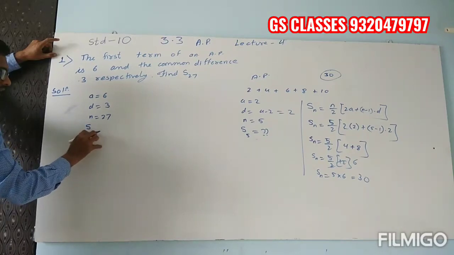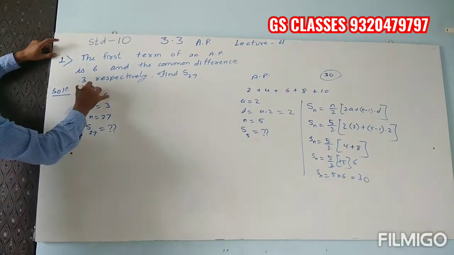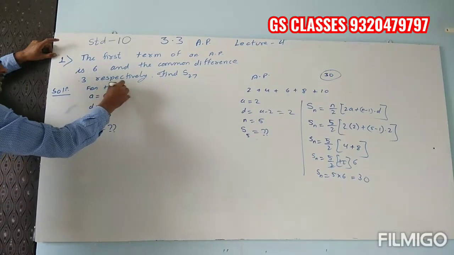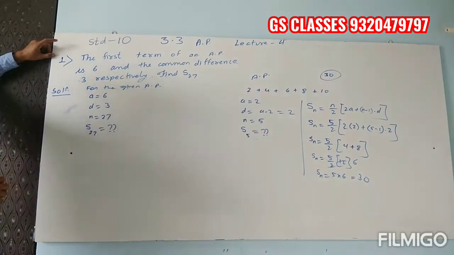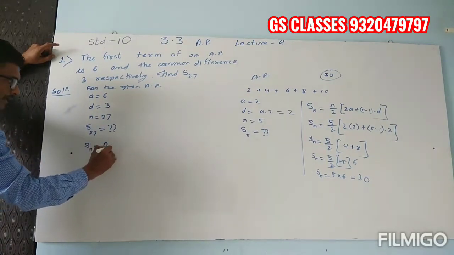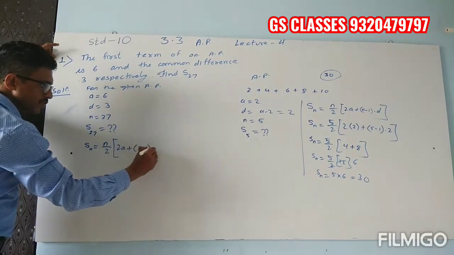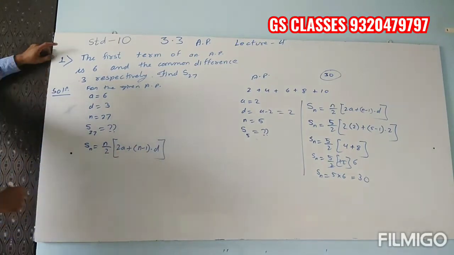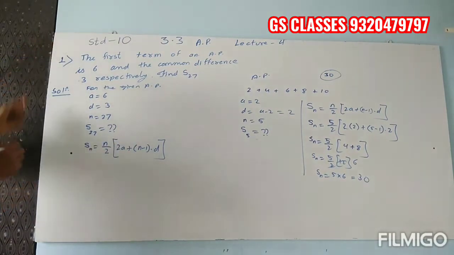They are asking S27. We will write, for the given arithmetic progression, these are the information. Sn is n by 2 into 2a plus n minus 1 into d.